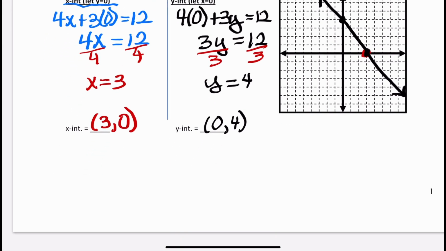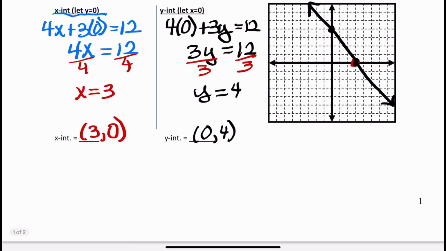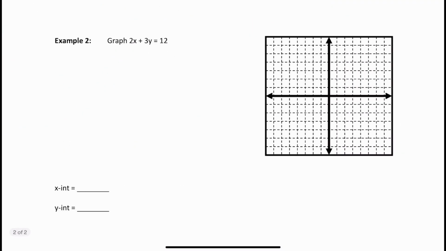So let's do one more example. If you look at example 2, our equation is 2x plus 3y equals 12. Again, it has 2 variables, an x and a y, so this is going to be a slanted line that goes through the x-axis and through the y-axis. This time we're going to find where it crosses the x- and y-axes by finding our intercepts. Let's find the x-intercept first.